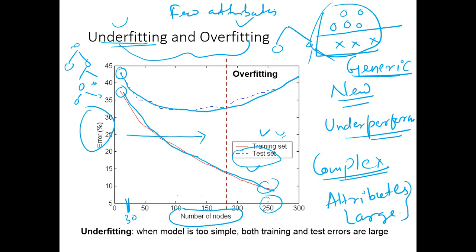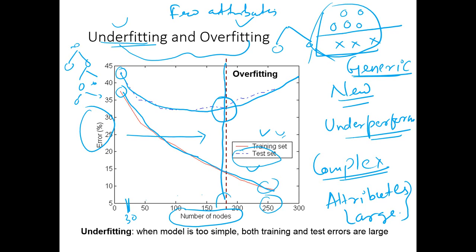That means we need to find the optimal. So the optimal is here, this line, right? That's where you see the minimum test error. You need to remember one thing: you need to find the number of nodes at which the test error is minimum.